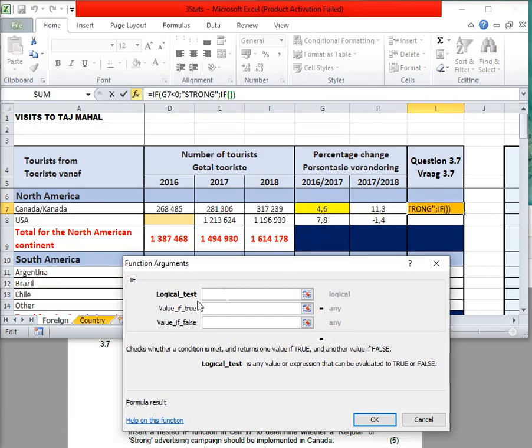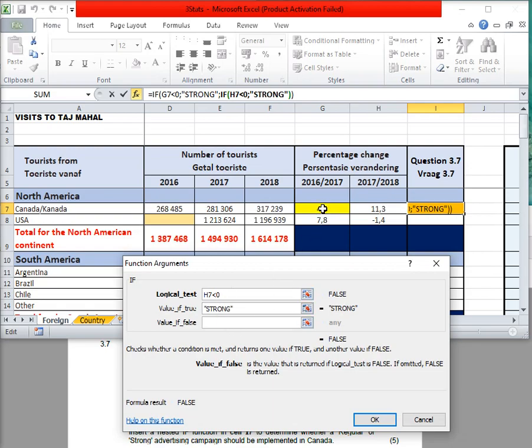So what I've got here is the situations where this goes down, and I've already got the answer strong. So I now need to look at this cell, and if this cell is less than 0, then again it will be strong. Now remember, these are only the answers for those cells whereby this was positive.